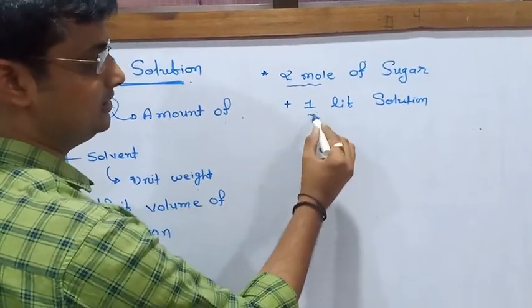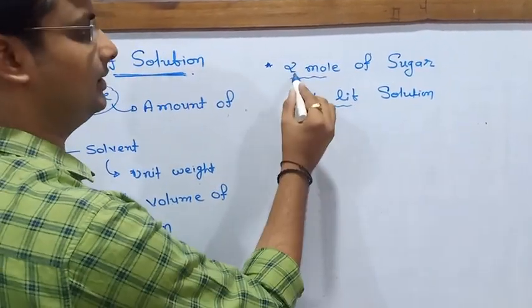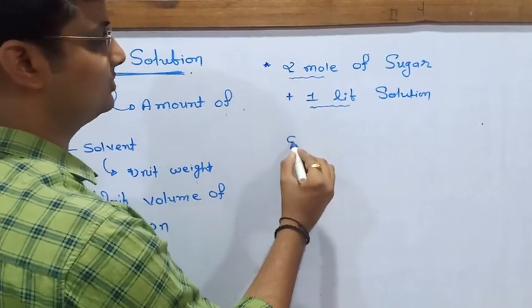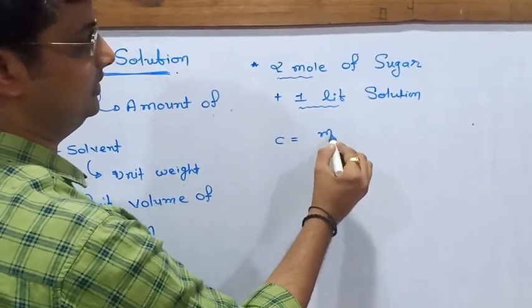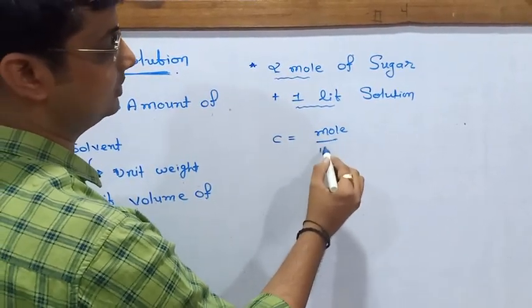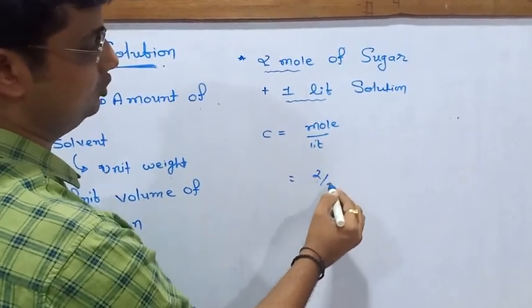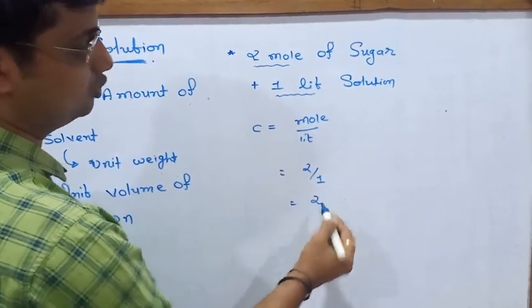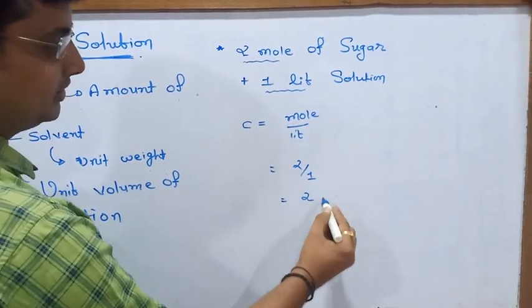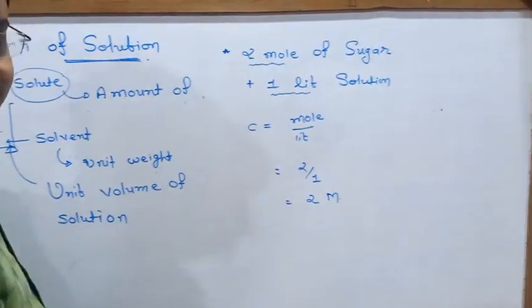So unit volume is 1, and this is 2. So concentration in mole per liter is 2 by 1, that is 2, and it is in mole per liter, so it's molarity.